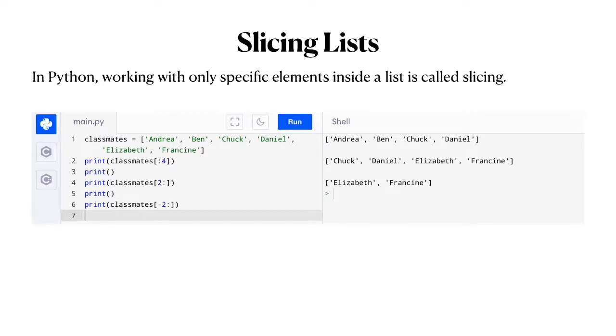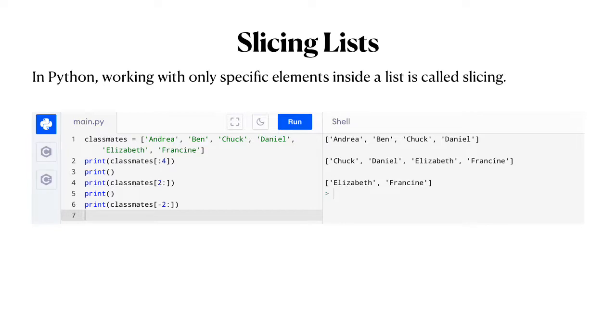So, ang meaning ana, mag-start from the very beginning until element with index number 4. 0 si Andrea, 1 si Ben, 2 si Chuck, 3 si Daniel, 4 si Elizabeth. So, from the beginning until Elizabeth, but not included si Elizabeth. That's why ang output is Andrea, Ben, Chuck, Daniel lang.